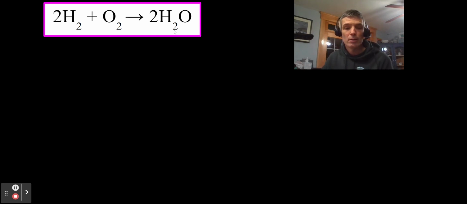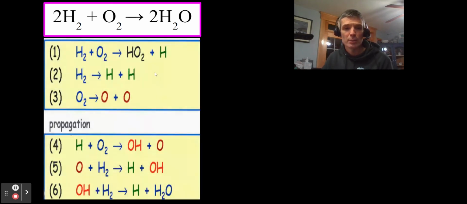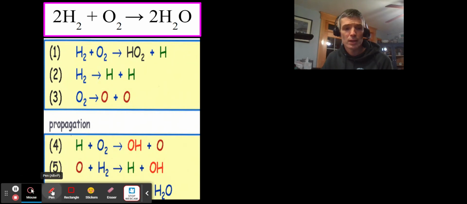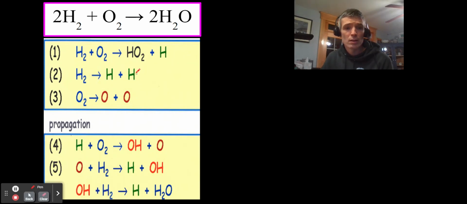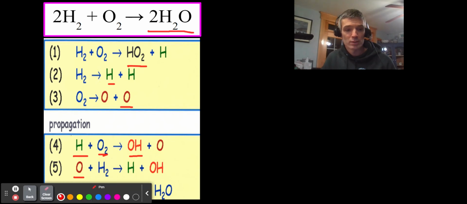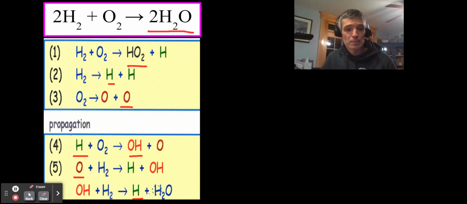Now, I want to talk about this reaction, and particularly a couple of these. If you'll notice in this reaction, there's a bunch of stuff over here. All these things are not actual products. And even some of these reactants are not reactants or products.